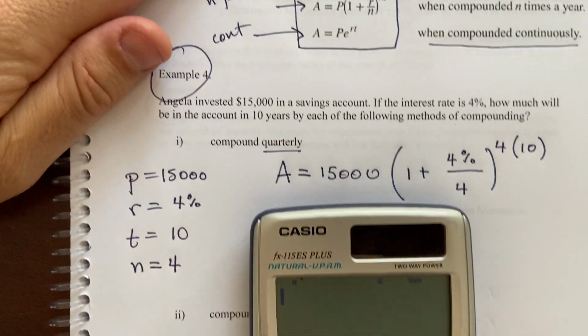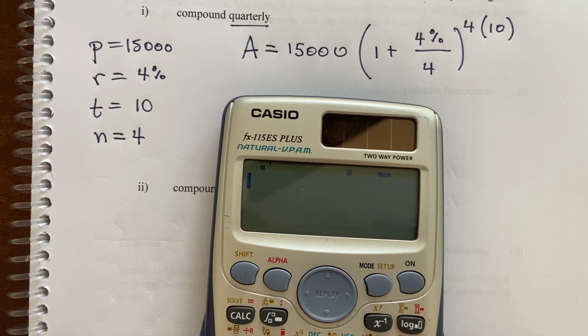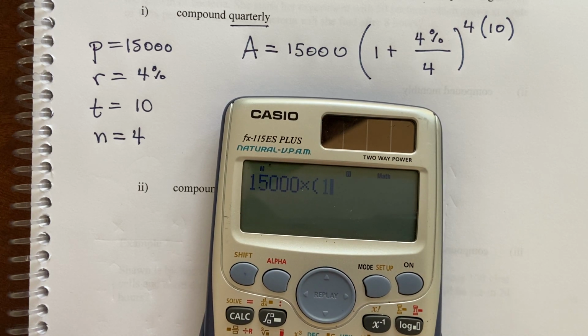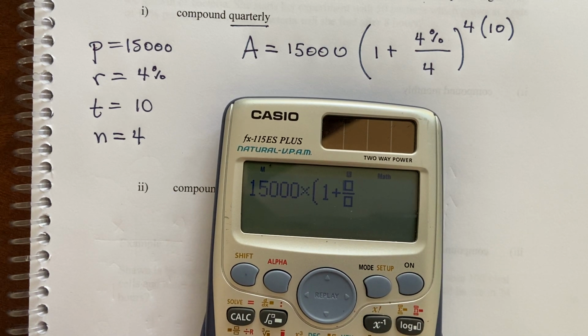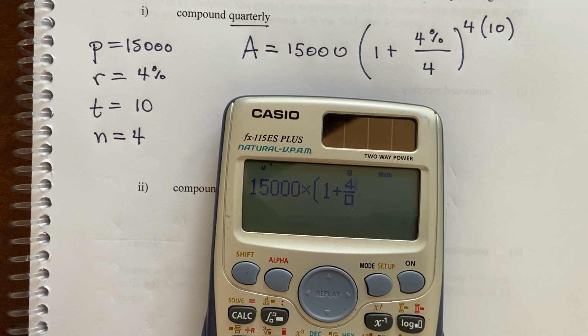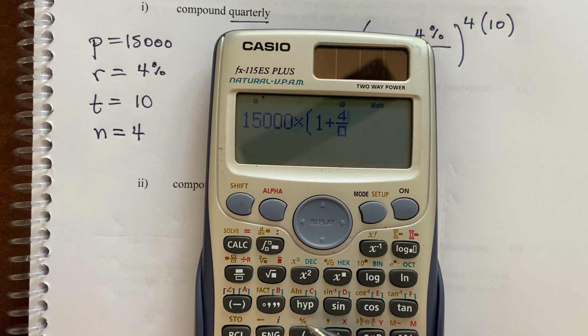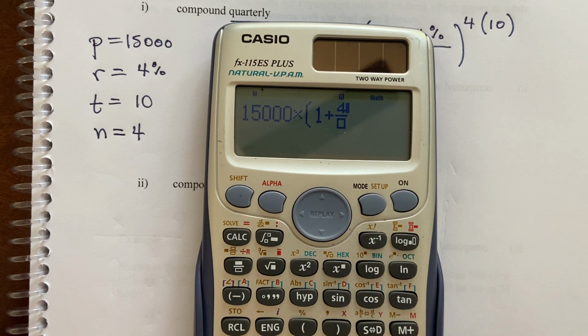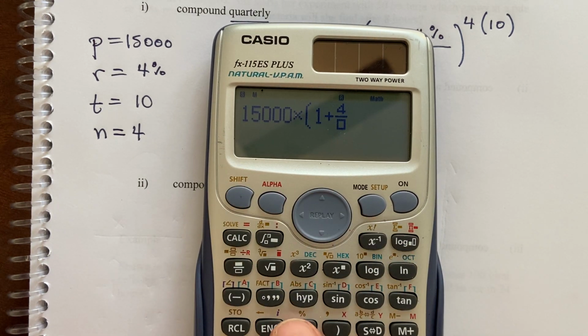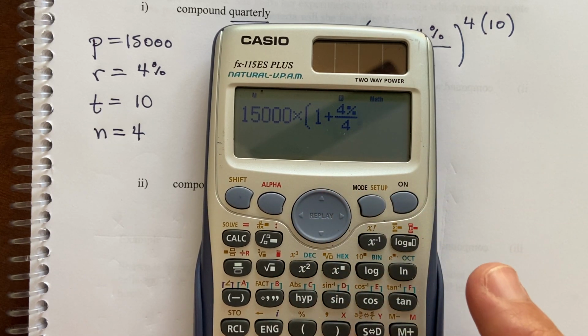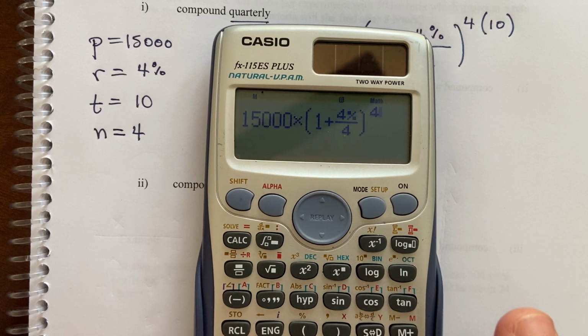All right, so I'll go ahead and type this in now. So 15,000 times parentheses 1 plus fraction, so 4, and then I need to find the percent symbol, which is actually right here. So this is behind the left parentheses. So I'll go shift left parentheses for that percent symbol, over 4, raised to the 4 times 10.